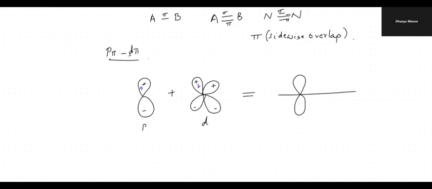You know that when there is overlapping, the orbitals must be half filled. So I have one electron in the p orbital, one electron in the d orbital, and the electrons must be of opposite spin. This was discussed in the last video, right? So when the p orbital and d orbital are half filled, they overlap.